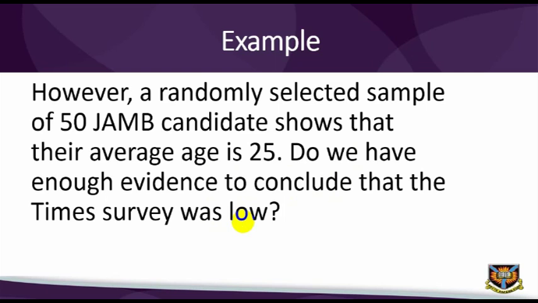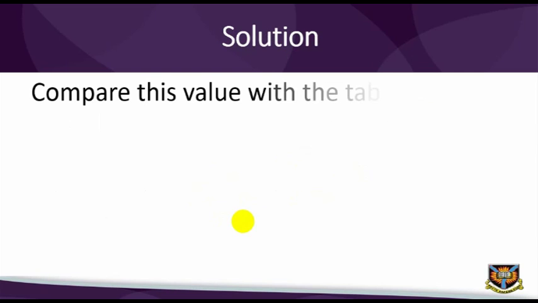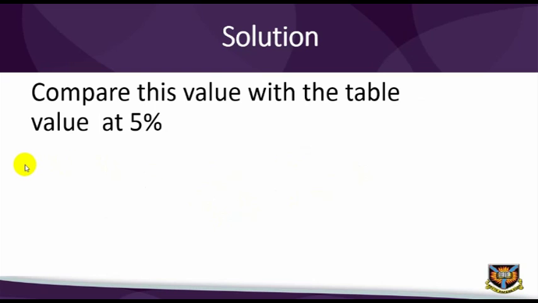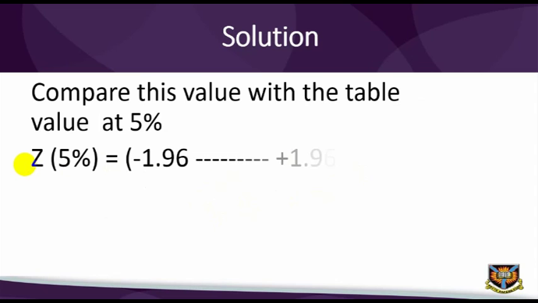Solution. Let mu be equal to the true population mean of JAMB candidates. Step 1. Set up your hypothesis. H0: mu is equal to 23 years. H1: mu is not equal to 23 years.